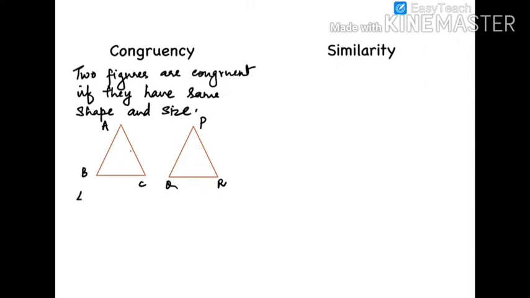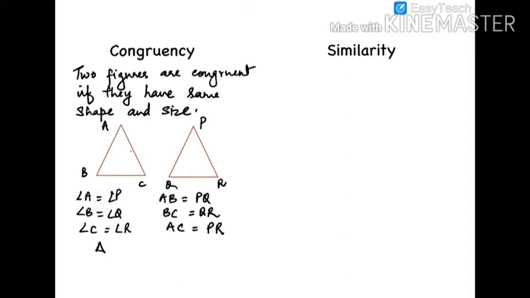So the corresponding angles, angle A is equal to angle P, angle B is equal to angle Q, angle C is equal to angle R. Corresponding sides will be AB equal to PQ, BC equal to QR and AC equal to PR.